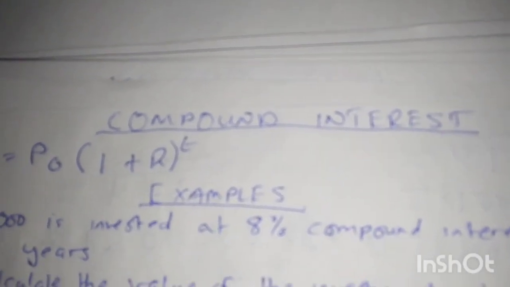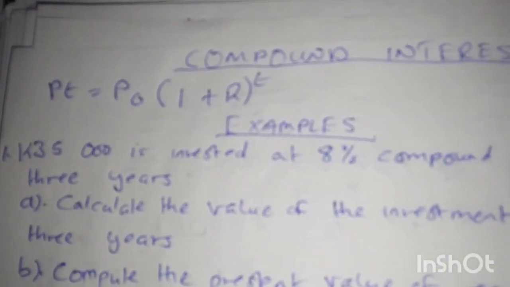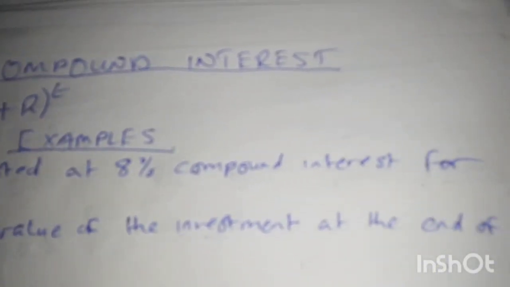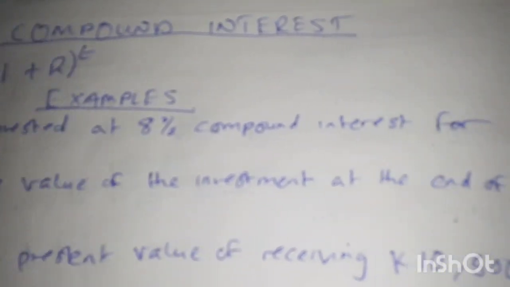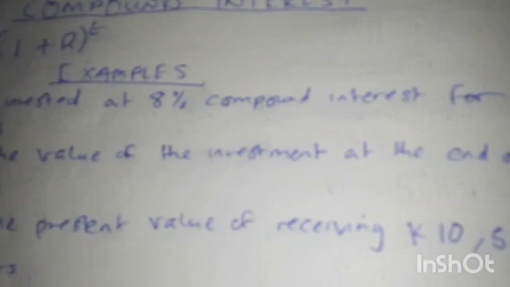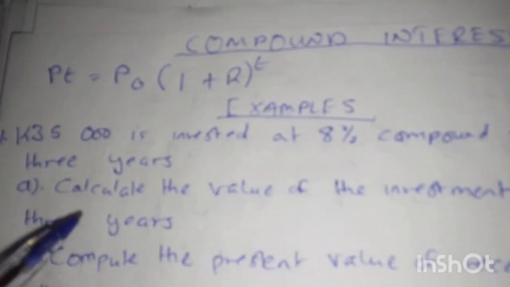So let's look at the next example. Our example is saying K35,000 is invested at 8% compound interest for 3 years. Then calculate the value of the investment at the end of 3 years. So you have to find the compound interest after 3 years. So we're going to use this same formula which is here.